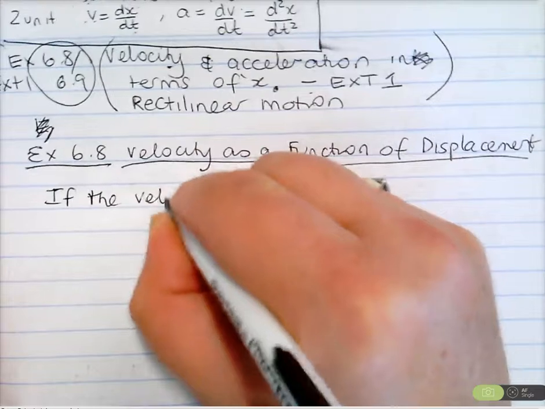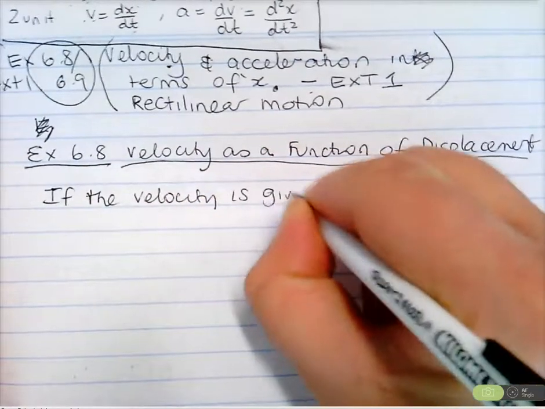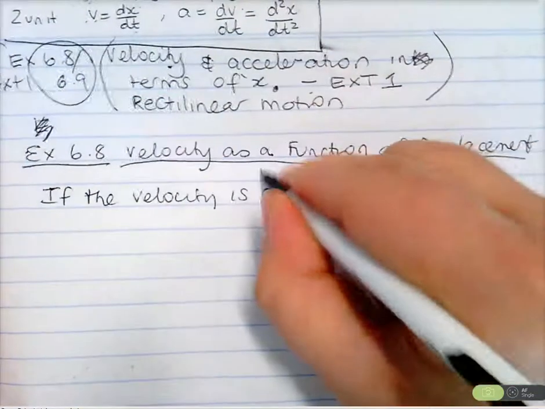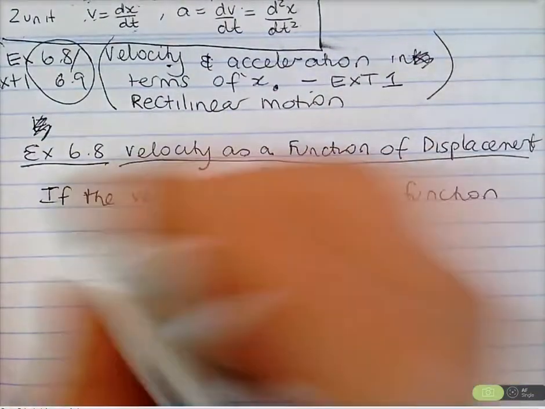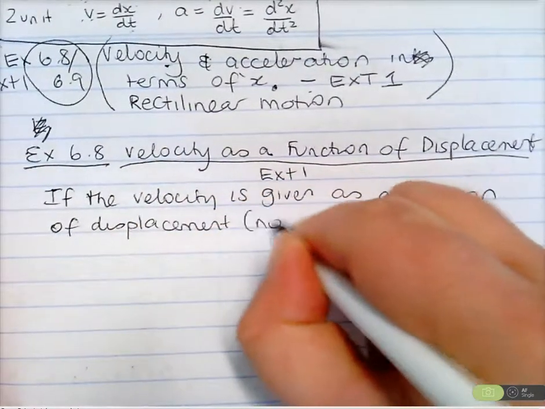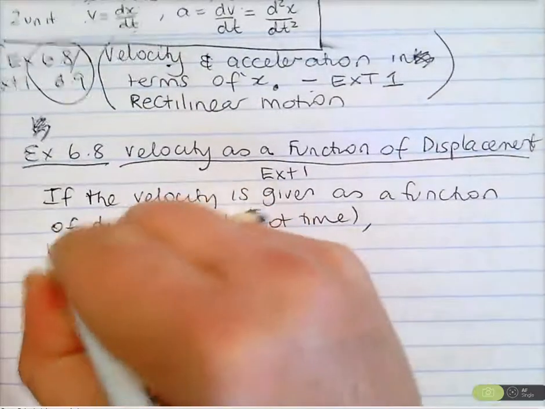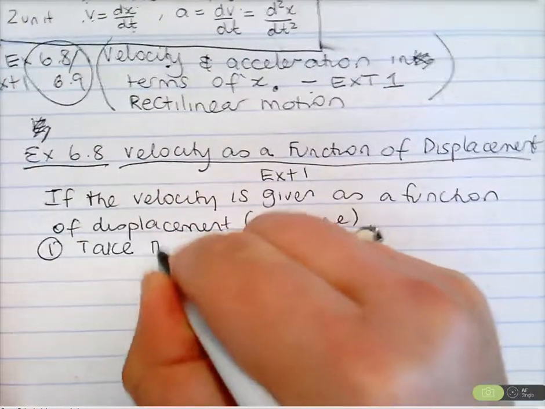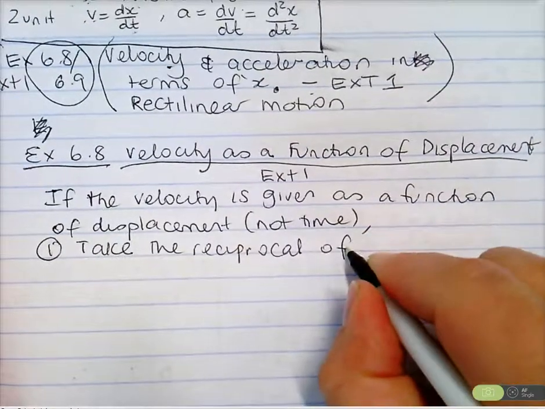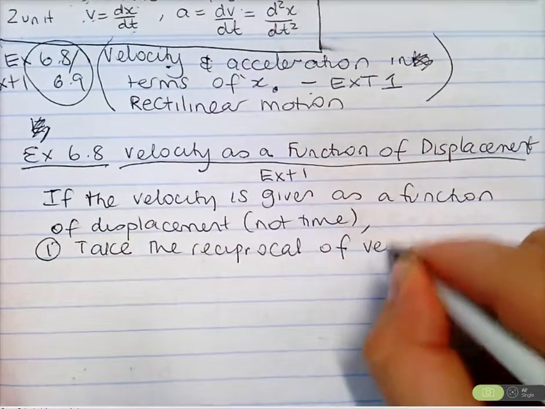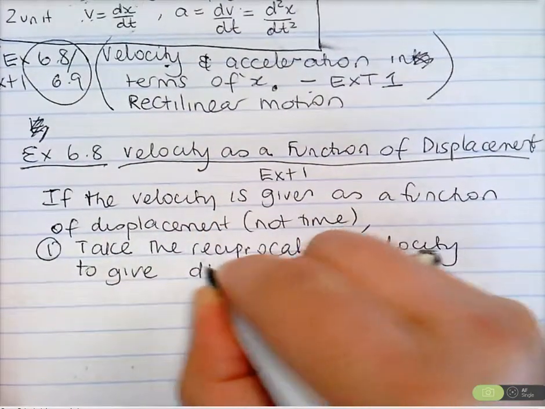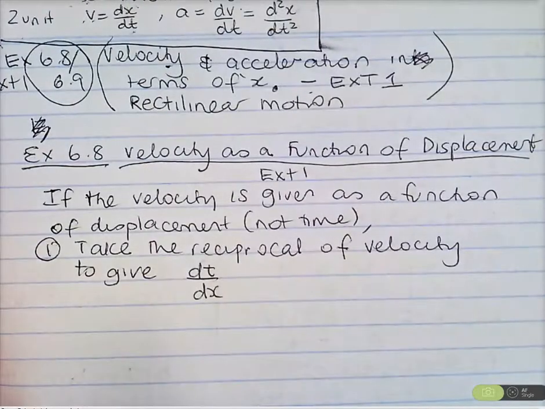If the velocity is given as a function, so this is extension 1, if the velocity is given as a function of displacement, not time, this is what we do. Step 1. Take the reciprocal of the velocity to give dt/dx. I'll show you what that means in a minute.